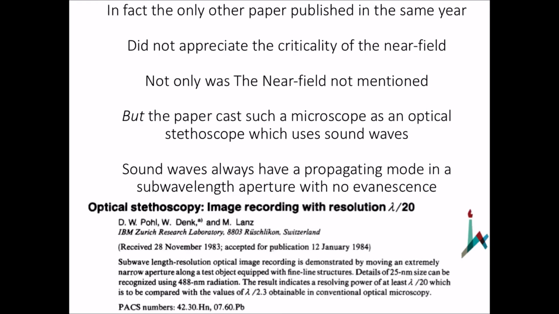And calling it an optical stethoscope indicates that, because a stethoscope doesn't have any evanescence to it. That means you have a small aperture at the end of a long tube, but that imaging methodology is with acoustic waves, and those acoustic waves always are propagating, even through a small aperture. So the physics is completely different for a near-field microscope and an optical stethoscope.